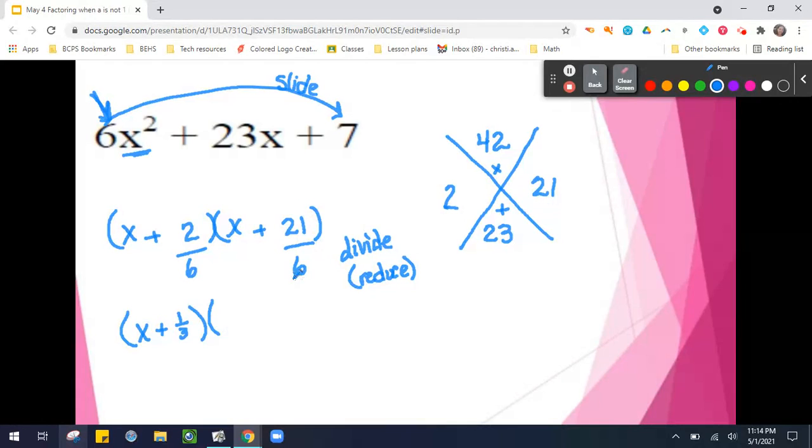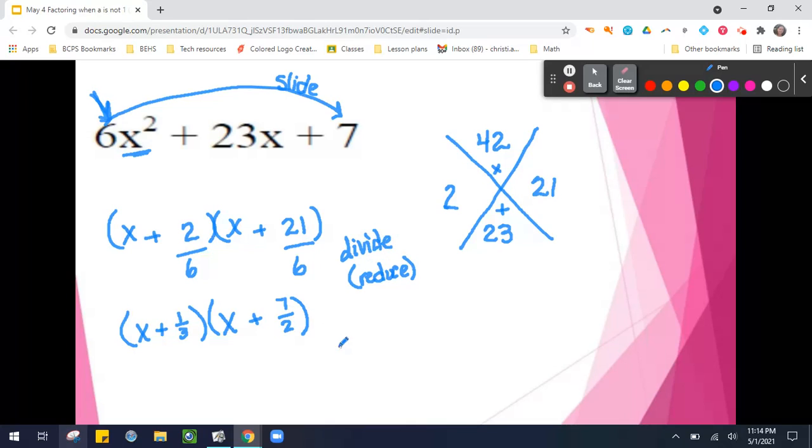And then 21 divided by 6 also comes out to a decimal. So I'm going to also just reduce this, and that's going to be 7/2. So I've done the slide and I've done the divide. And the short name is slide and divide. But that's not all you do.